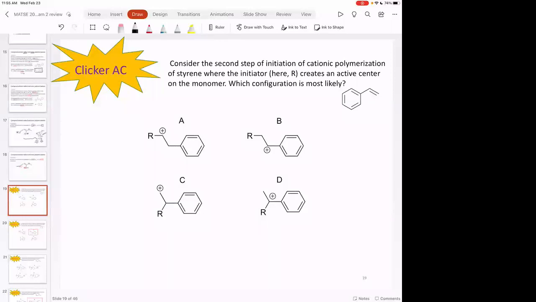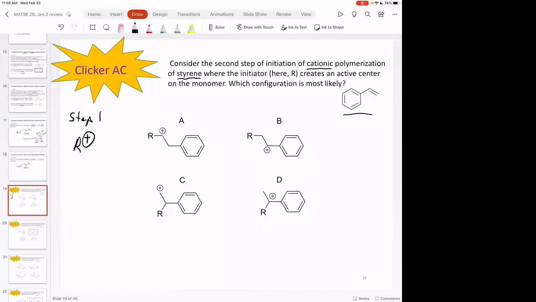All right, cationic polymerization of styrene. So I tell you the mechanism, I tell you the monomer. You should know what styrene is. I might give it to you on the exam, but I might not. We've talked a lot about styrene, so this should be in your memory bank. Where the initiator is R. So the first step of cationic initiation is just getting this R plus, right?